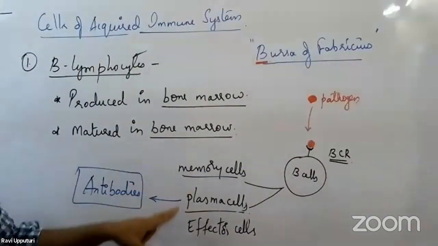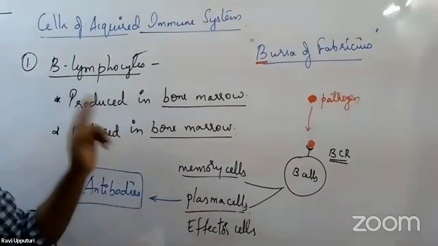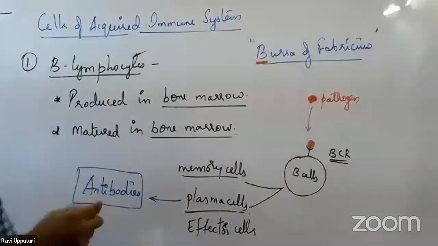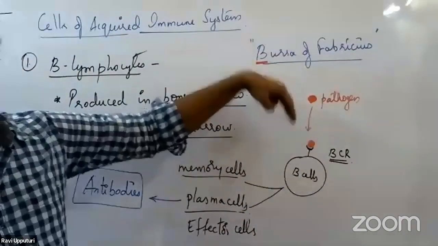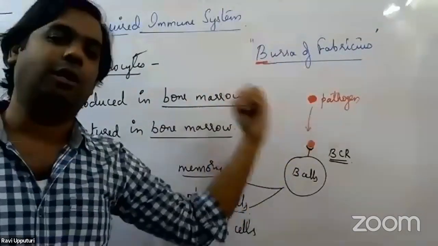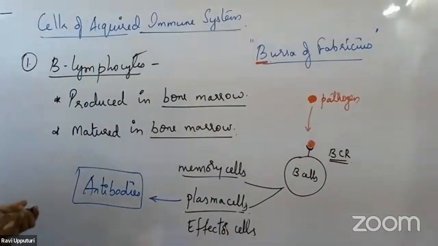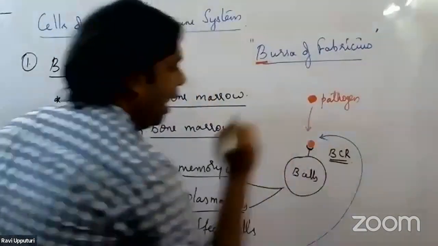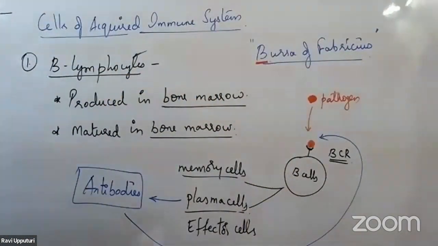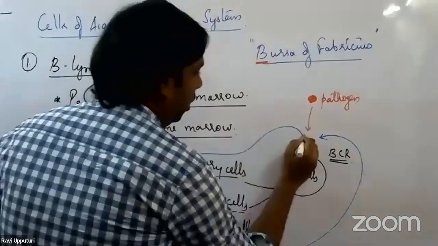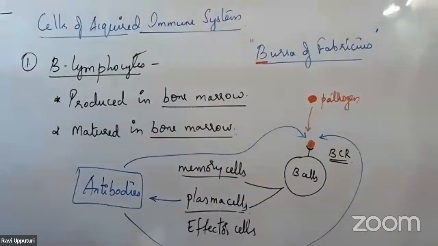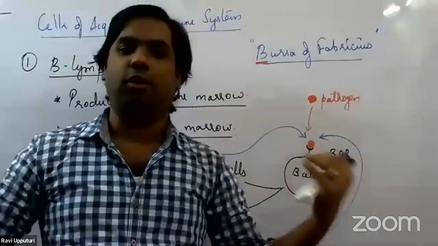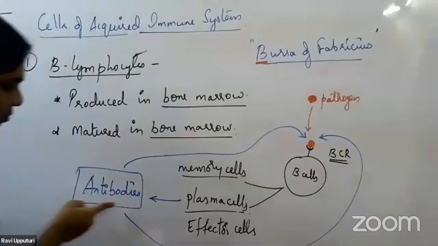One is called the memory cells and the second one is the plasma cells. The plasma cells will start synthesizing the antibodies based on the type of antigen that has entered into the body. Once the antibodies are synthesized, these antibodies will start acting on this particular antigen and bring about the complete destruction of the antigens that have entered into the body. That is the role of antibody.